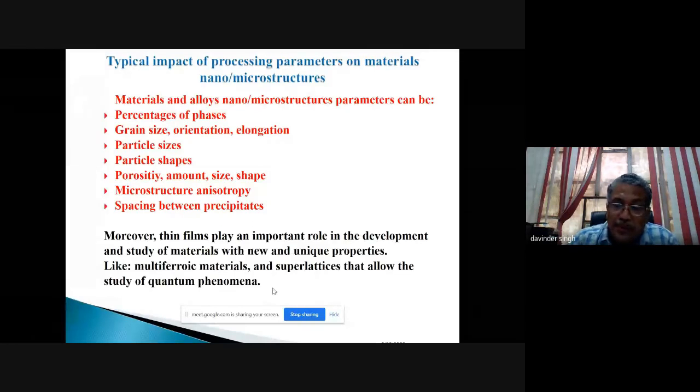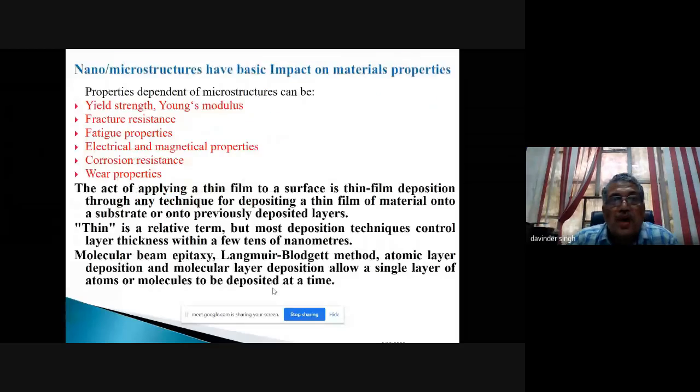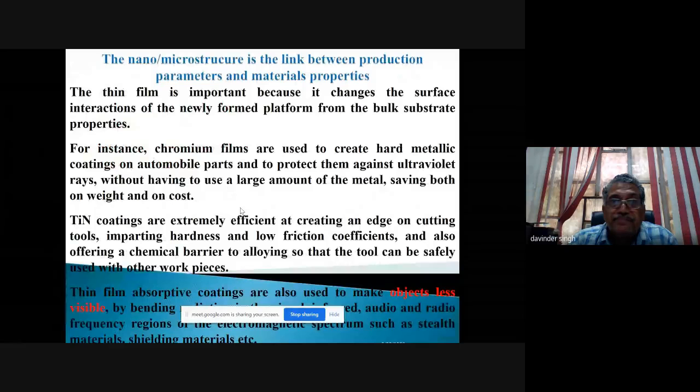So we want all possible materials properties, maybe some fundamental properties also. So when applying any concept in materials, in films, you always need the microscopy.